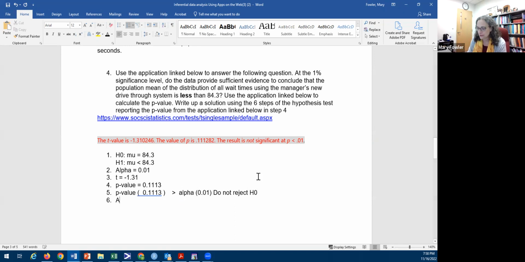And finally, the conclusion. At the 1% significance level, the data does not provide evidence that, and here we're going to state the alternative hypothesis, that the population mean wait time is less than 84.3 seconds.